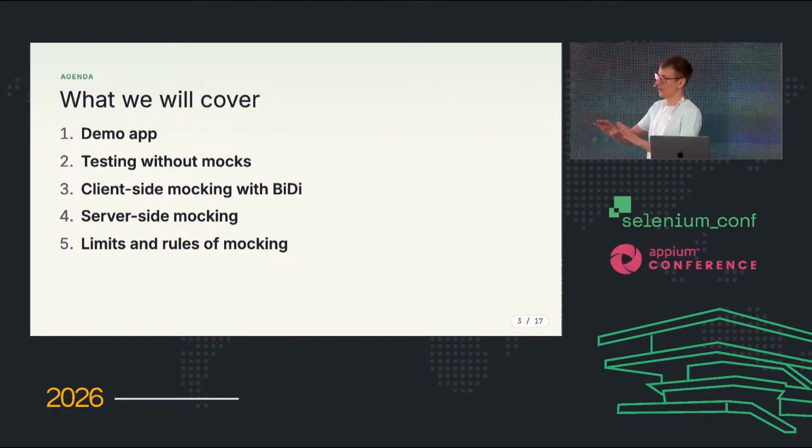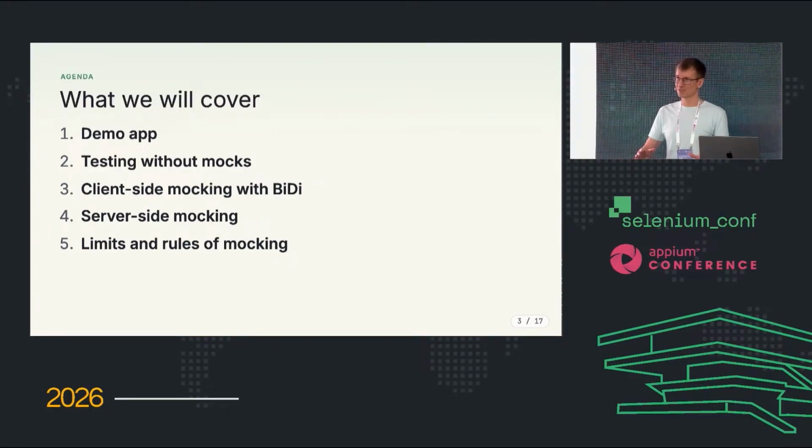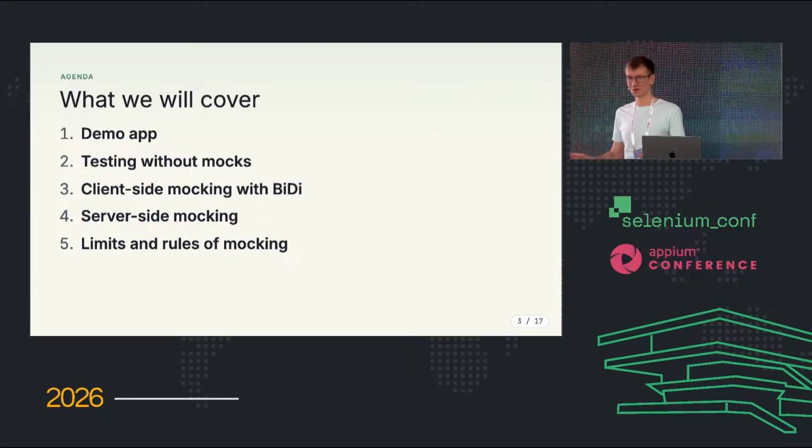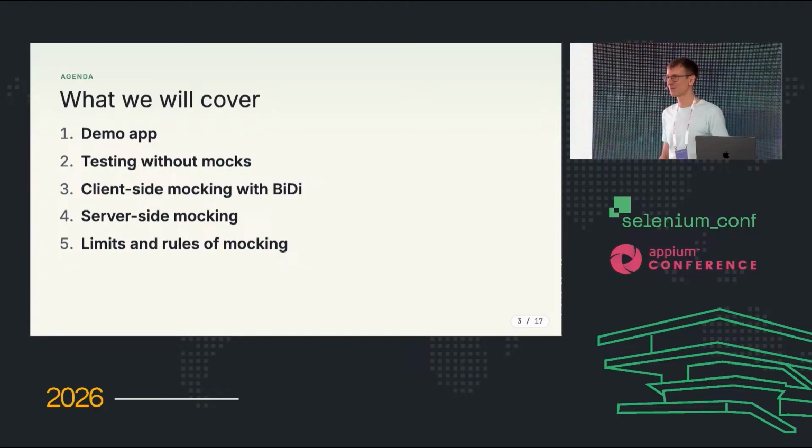The first one is without any request mocking, and we'll discuss the advantages and disadvantages. Then we will apply request mocking on the browser side. After that, we will try to mock requests on the server, which is even more tricky. And finally, we will discuss some limitations and general rules for request mocking.